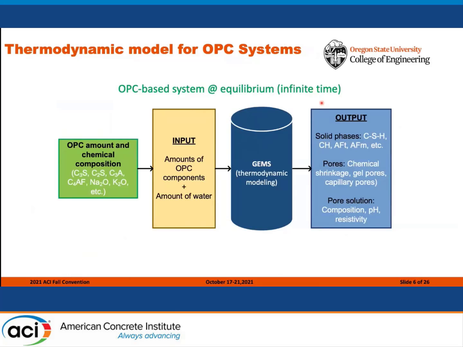If we start with a simplified version of the problem, in other words, reaction of cement with water at equilibrium, which can be considered at infinite time, the way we do this is as follows.